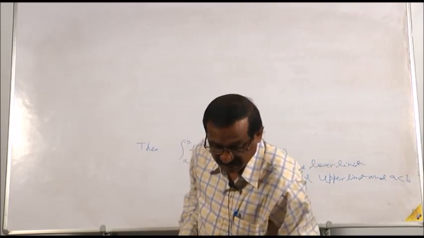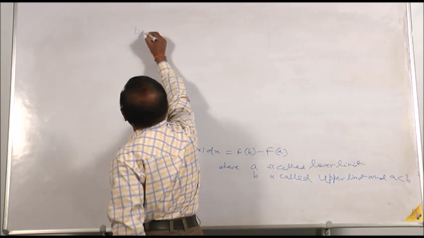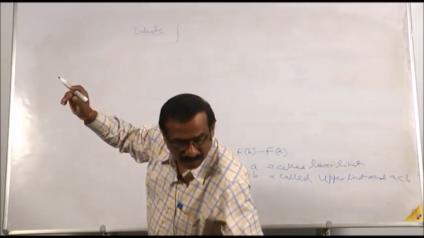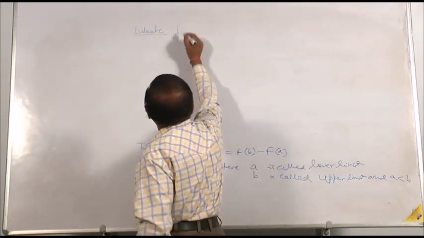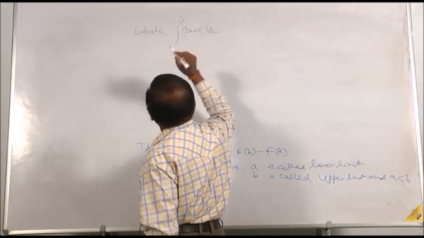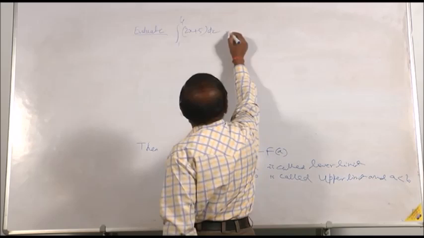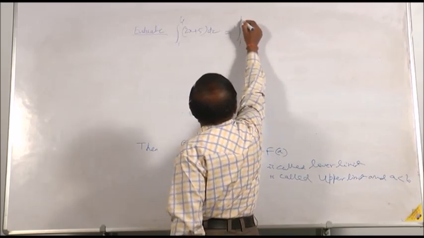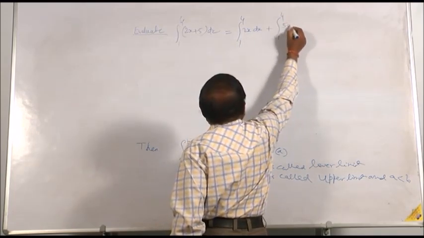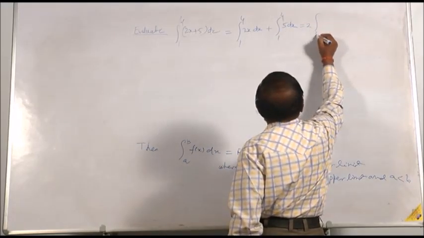Let us evaluate the integral from 1 to 4 of (x + 5) dx, a very simple question which comes under definite integral. You have to follow the same rules of integration. We integrate term by term, and the constant goes outside the integration sign.